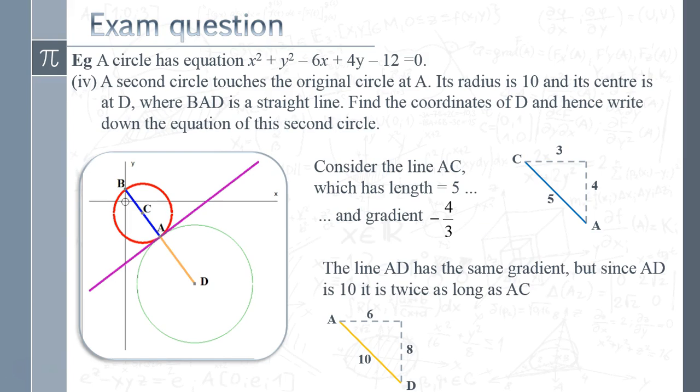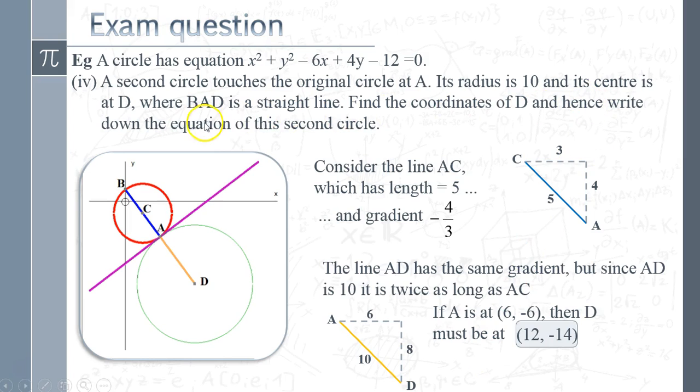So if we know A, and we've got to go across 6, down 8, and we're going to hit point D. So if A is at 6, minus 6, then D has got to be 6 plus 6 is 12, and minus 6 minus another 8 is minus 14. So we know the coordinates of D are 12, minus 14.